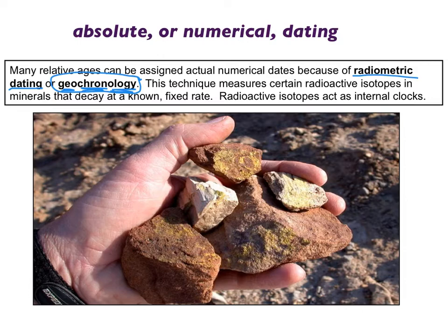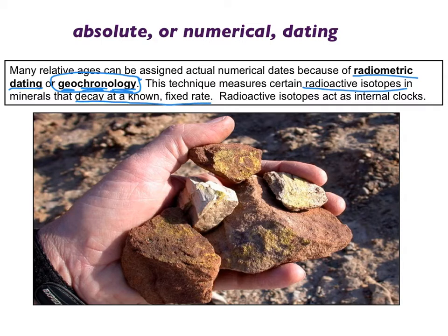So we can do this numerical or absolute dating using techniques that involve radioactive isotopes. Radioactive isotopes, as I'll explain in a moment, are inherently unstable and decay. That decay happens at a known or fixed rate.